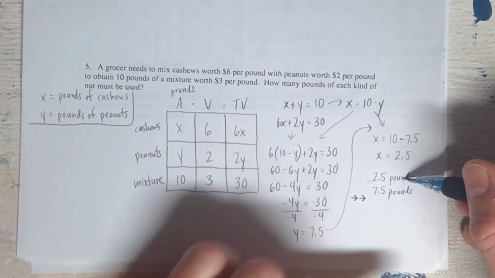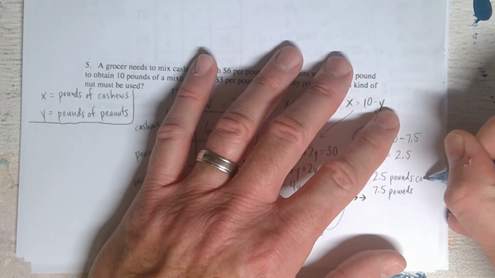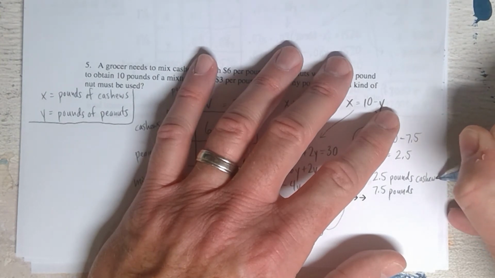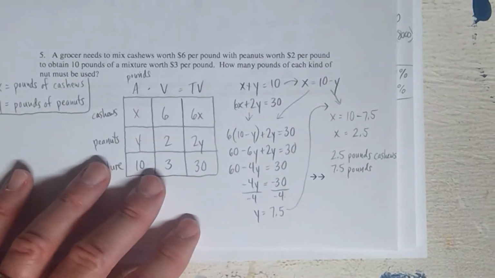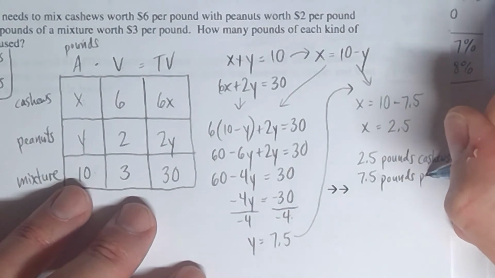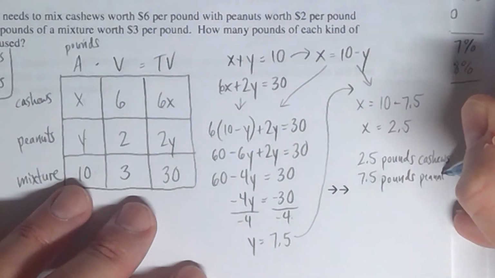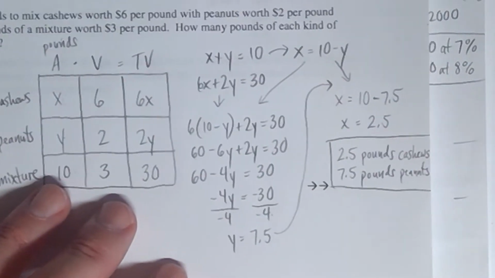The 2.5 pounds was the x, and since the x was the cashews, just write down cashews next to 2.5 pounds so that I'll know what it was. And then the 7.5 pounds, that was the peanuts, right? Because that was the y coordinate. Like that. All right.